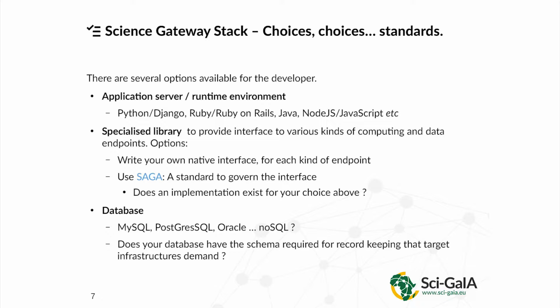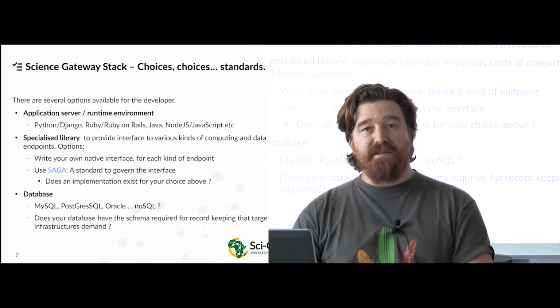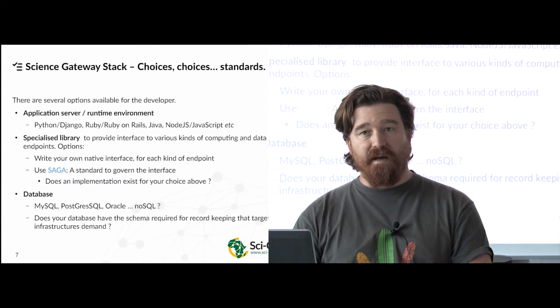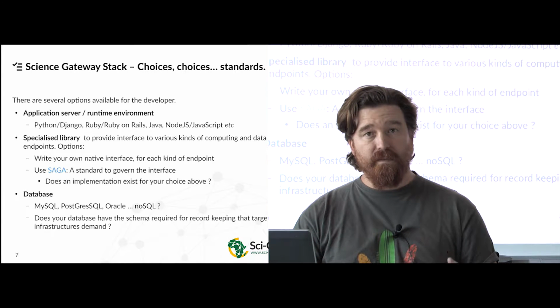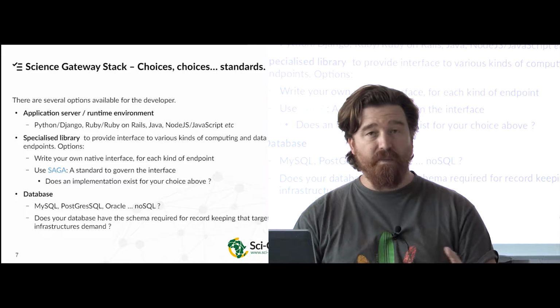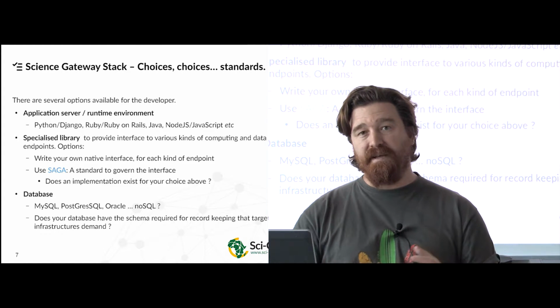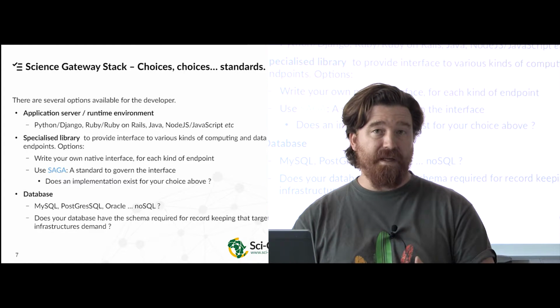Remember that specialized library we mentioned just before that took your actions on the web and translated them into actions on the remote distributed computing infrastructure. Well, that library needs to understand how to take the action, in this case, for example, submit a job, in every language or execution environment that you need to support.